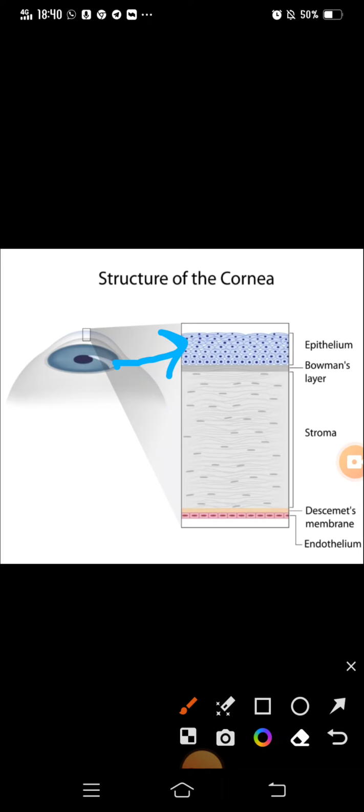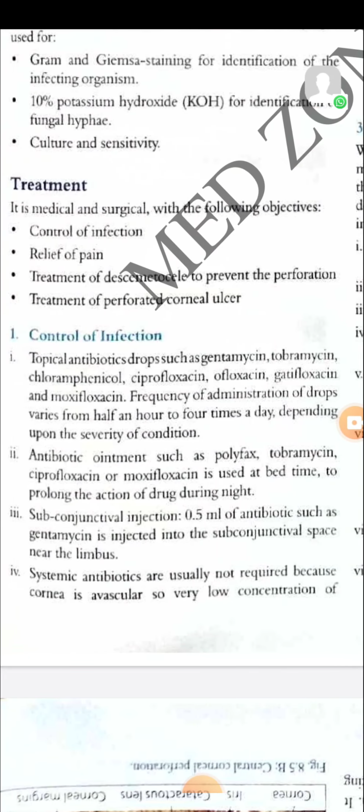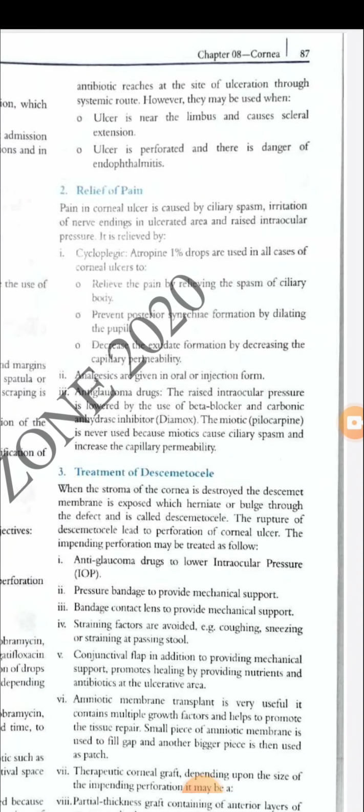As you have controlled the infection first, then comes relief of pain. As this is a very severely painful condition, you must treat the pain, because a patient in pain cannot survive well, and sometimes if there is very severe pain, a patient can die due to neurogenic shock.